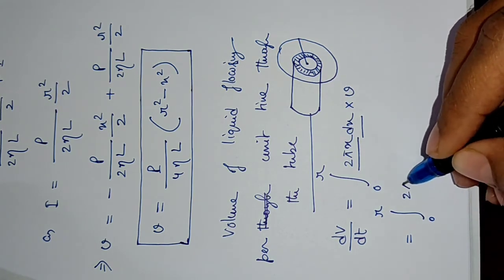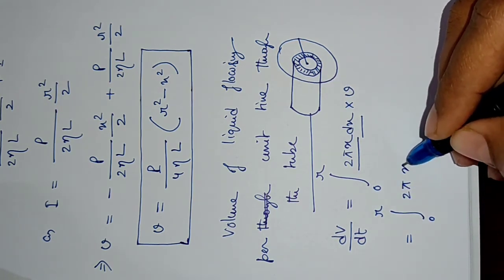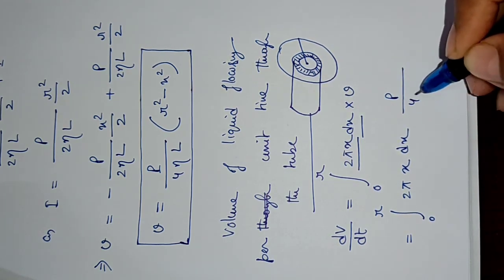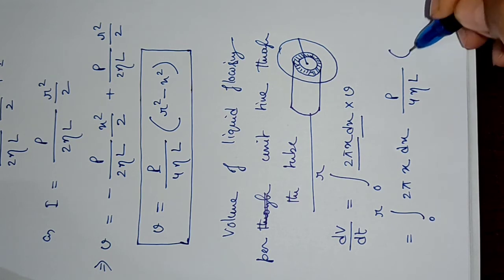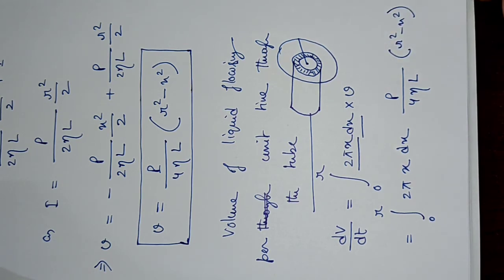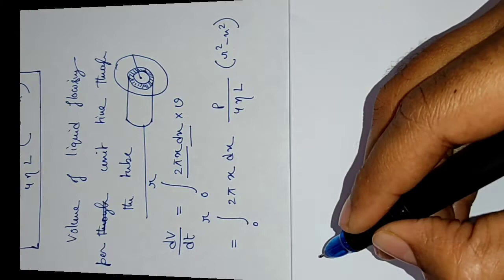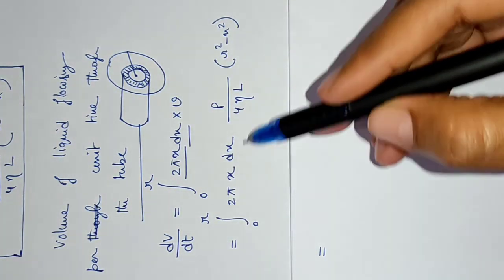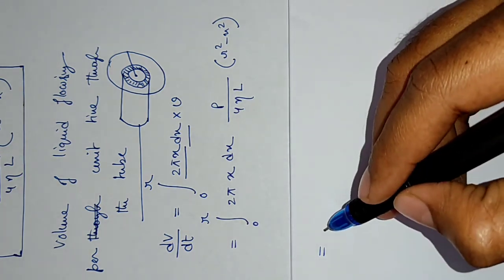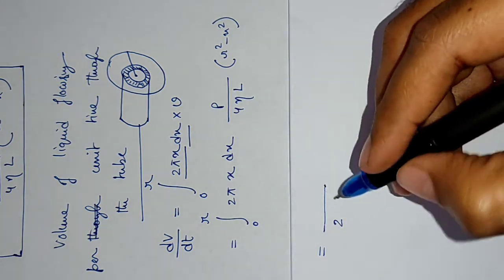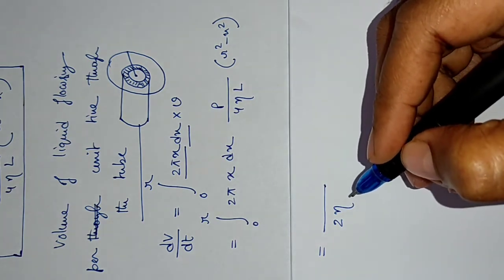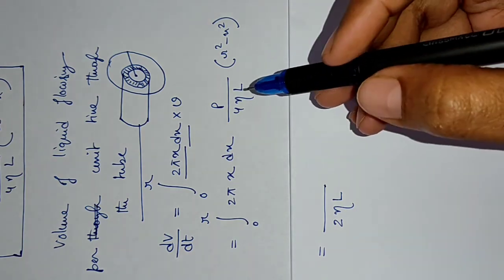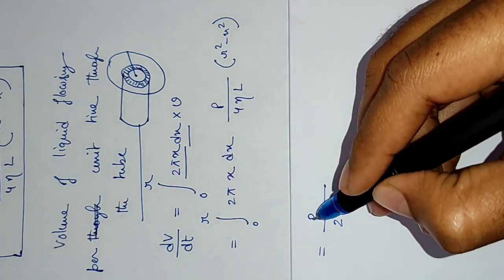Here we have 2 pi x dx, and it is P upon 4 eta L, r square minus x square. Two will cancel, so we have a 2 here. Eta is constant, it will come out of the integration. L is constant. Pressure difference is kept constant.